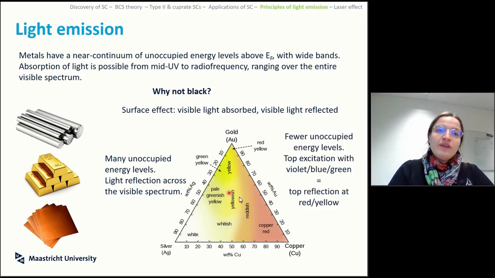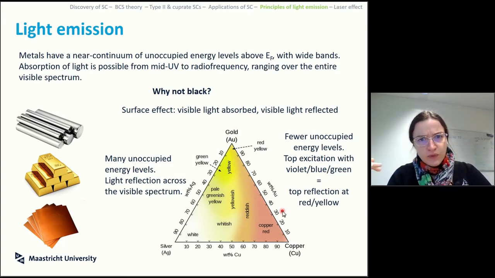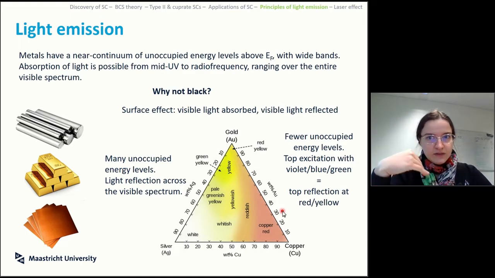And instead, with stuff like gold or copper, the perceived color will depend on the frequency range of the light that you reflect, and in turn, the light that you reflect depends on the one that you absorb. So copper will have relatively few unoccupied levels excited in violet, blue, and green light.